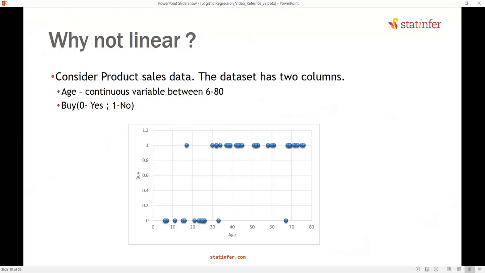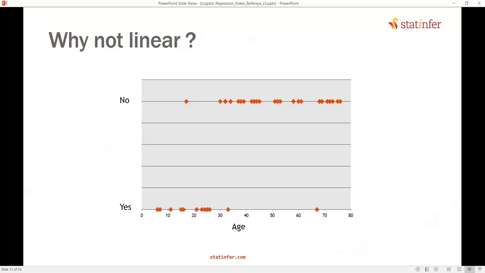It just takes two values, 0 and 1. That's it. No matter what you do using linear regression, no matter how much you try, no matter what optimization you use, you just can't force fit a straight line to this data. That's why we should search for something other than linear.